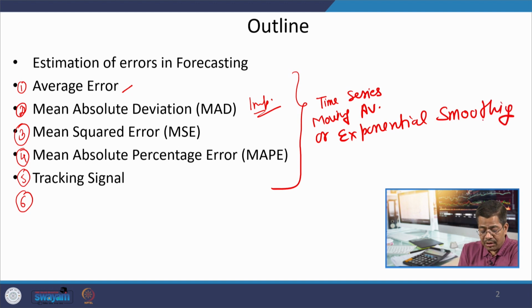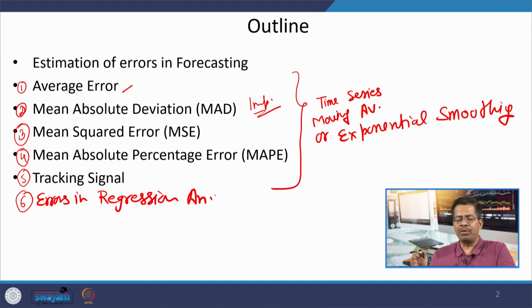But we will also see some errors in regression analysis. So, this particular session is devoted to understanding errors and their representation in multiple ways.